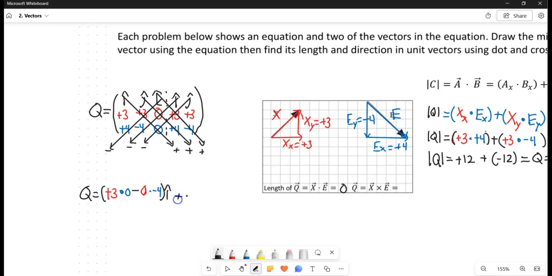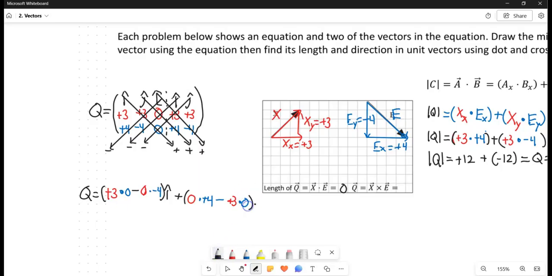Now we're going to do the j hat, and I need to kind of go down in this direction, sorry. For the j hat, we've got 0 times a positive 4, and then we're going to subtract from that this guy for the j, which is going to be positive 3 times 0.